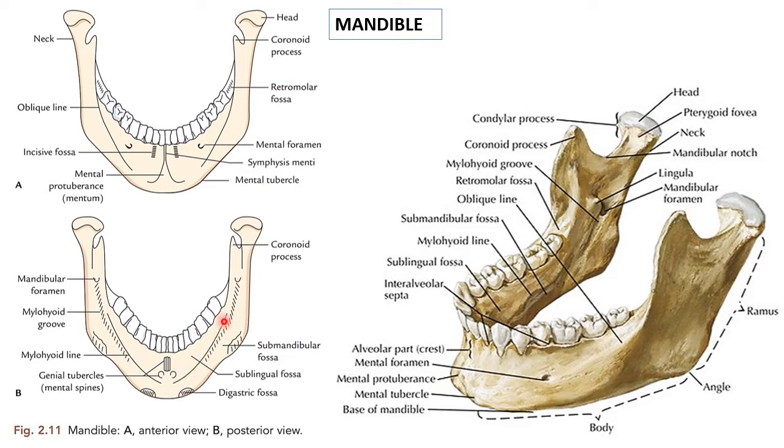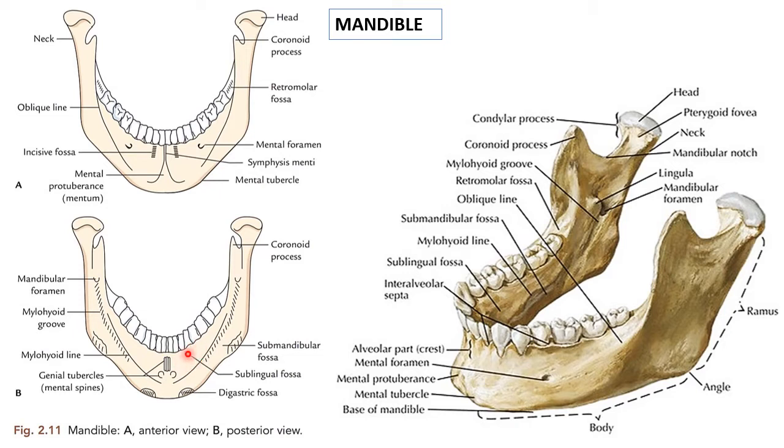Below the mylohyoid line, in the posterior part, there is a groove called the mylohyoid groove, through which pass the mylohyoid nerve and vessels. Above the anterior half of the mylohyoid line, there is a fossa which is called sublingual fossa.